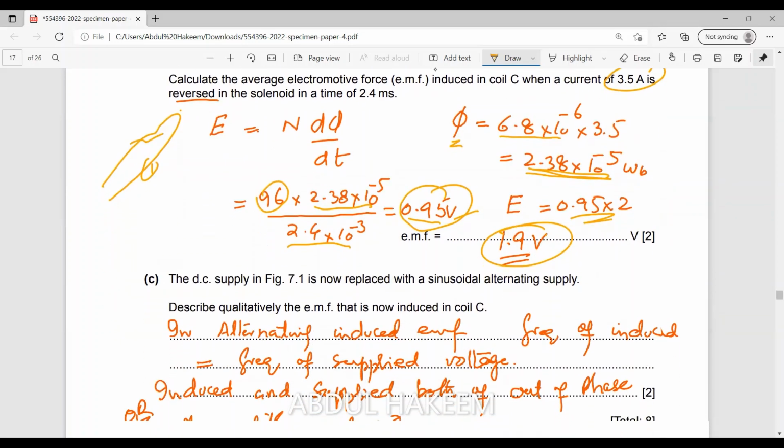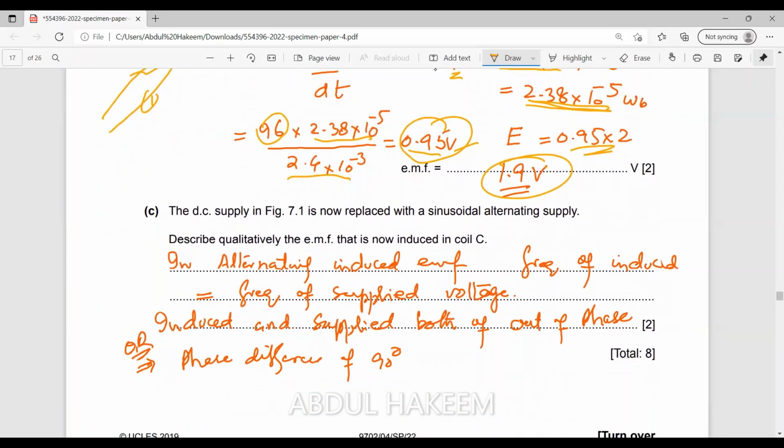The DC supply is now replaced with a sinusoidal alternating supply. Describe qualitatively the EMF that is now induced in the coil C. We have to inform about the quality, not the quantity.